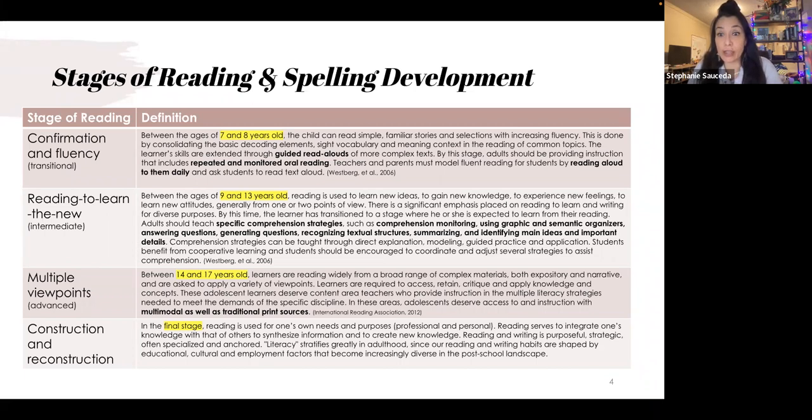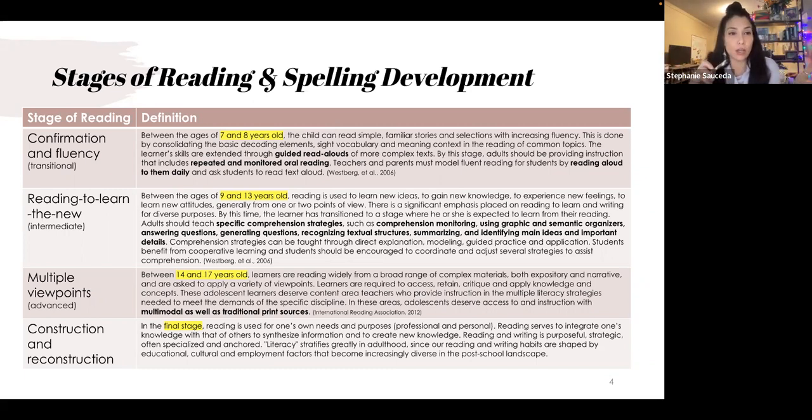I mean, my daughter's at that stage, and she's been at that stage since she's a senior this year, and she's literally done with school. But I can see why she's done with school if they are treating her like she is still in this. Multiple viewpoints, but it's broad, complex thinking, materials, reading.